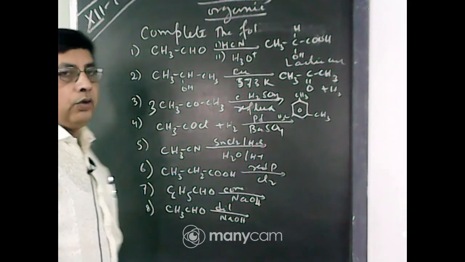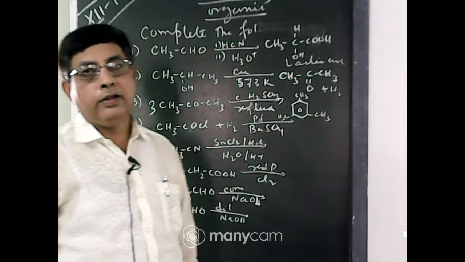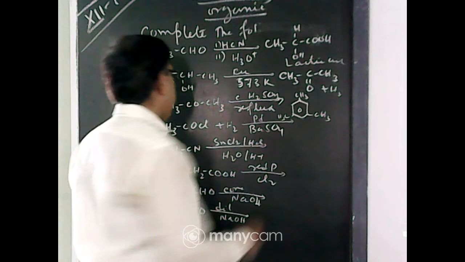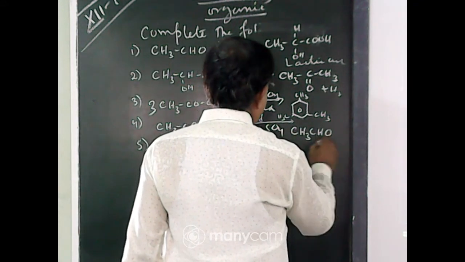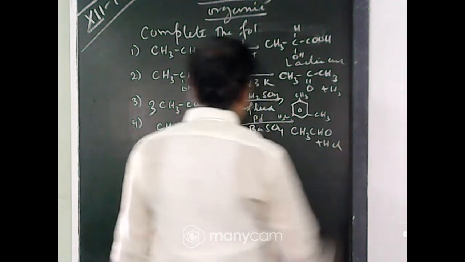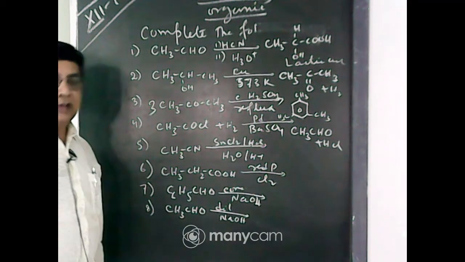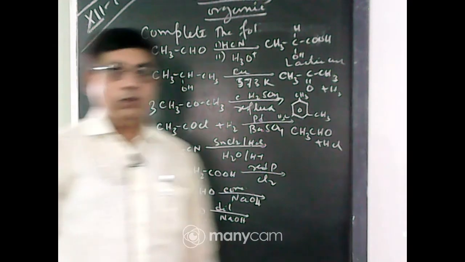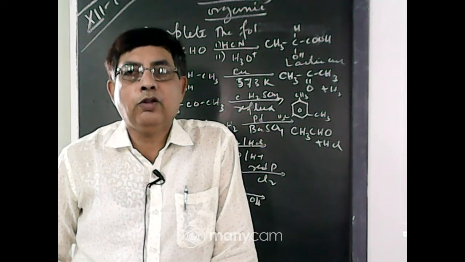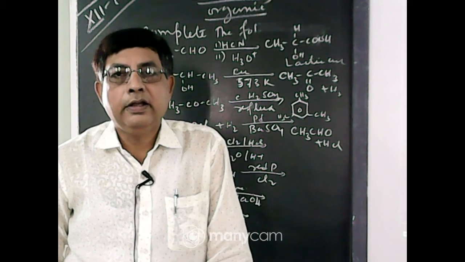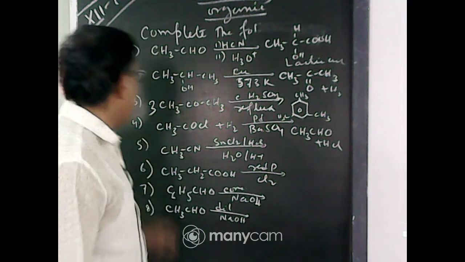This is known as Rosenmund reduction, and it forms an aldehyde. The product is CH3CHO plus HCl. Any acid chloride when reduced by molecular hydrogen in presence of Pd and BaSO4 always forms an aldehyde, and this reduction is known as Rosenmund reduction.